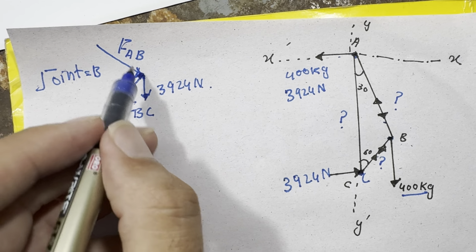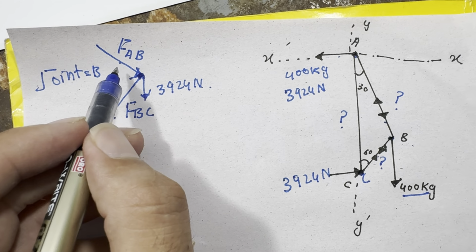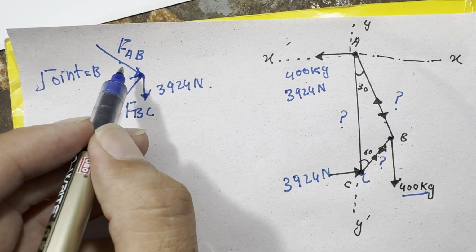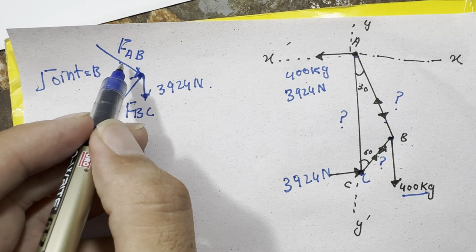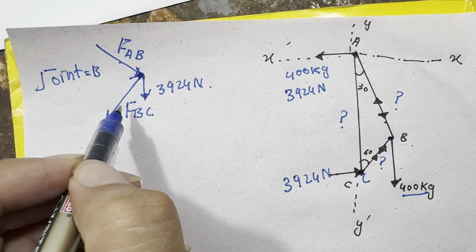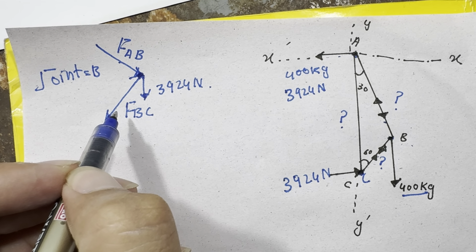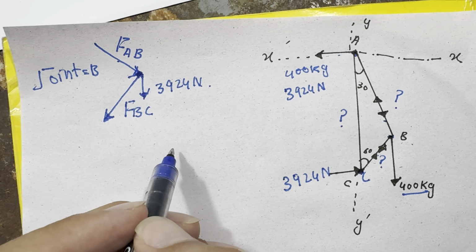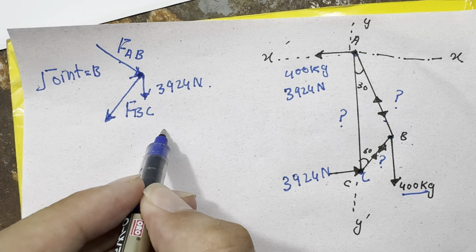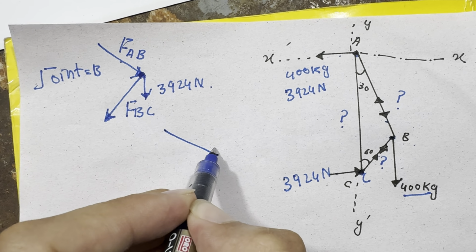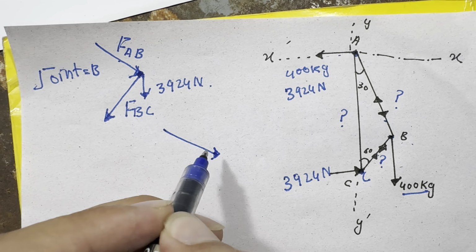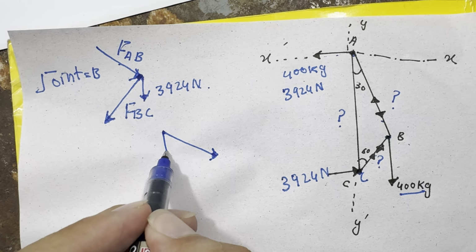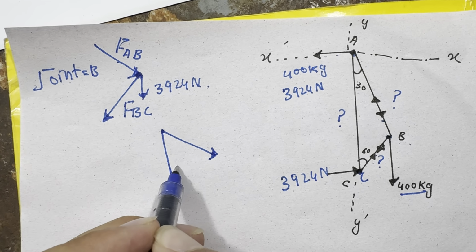So I can see this is neither horizontal nor vertical, and this is also neither horizontal nor vertical. So I will resolve them into their components. I draw this joint first, and its vertical component like this.